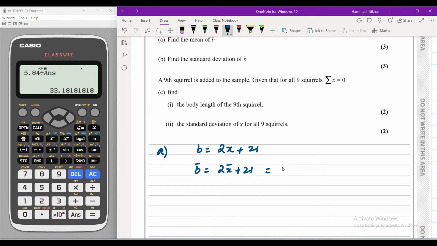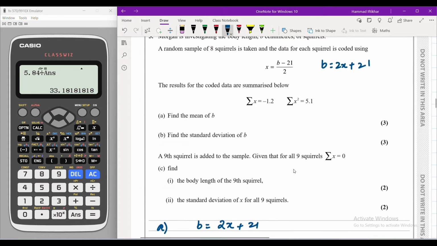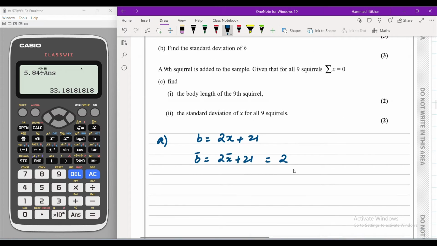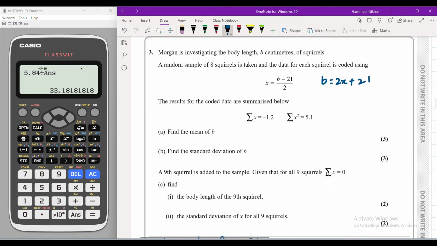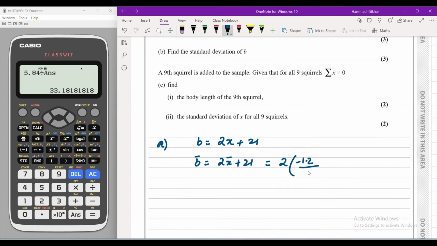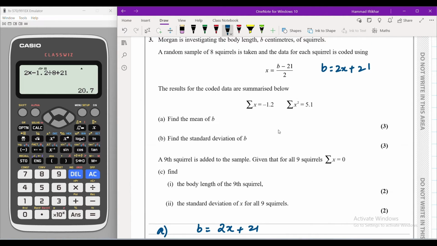So that would be just simply 2 times minus 1.2 divided by, how many squirrels were there? 8 squirrels, plus 21. So 2 times minus 1.2 divided by 8 plus 21. 20.7. Okay, find the standard deviation of b.